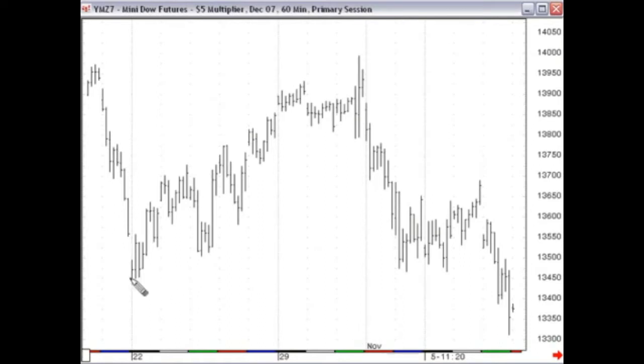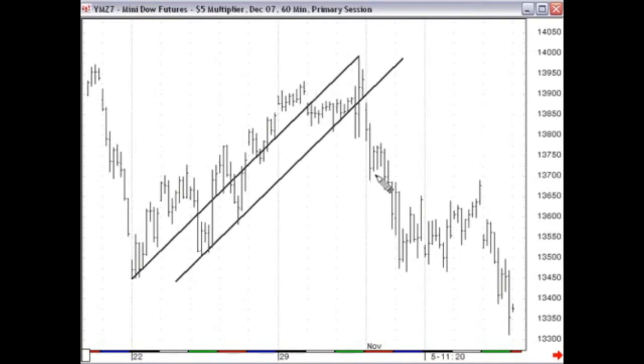Well, in this instance, what I'd like to see is not closing price action above or below a trend line, but new highs or new lows above a trend line. And again, the reason why is, like for example in this instance here, we did close below this trend line.